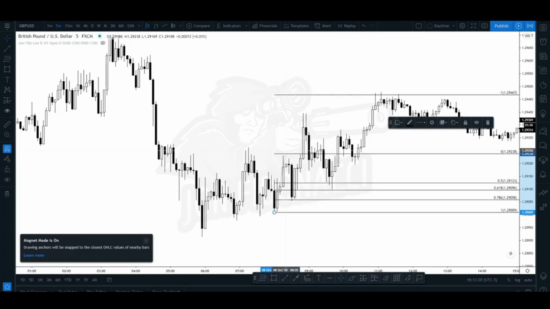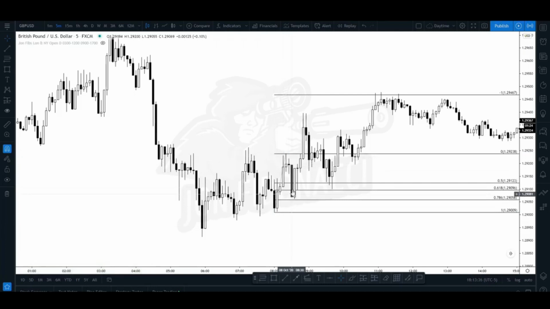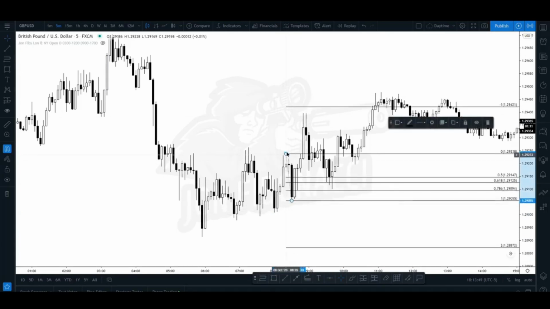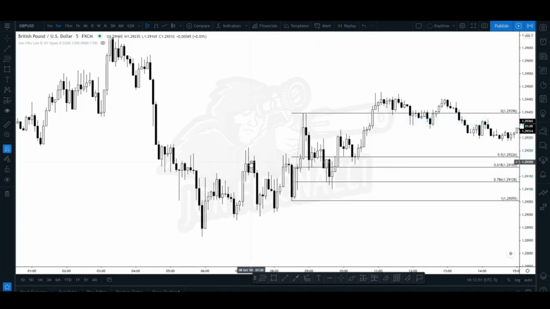this low to that high, right? Because this is the low that led to the high being broken here, and then a retracement down to that 618 or 786. That would have been ideal as well, and then market rallies again. With that low here, you could draw that fib from the low up to this high, because this high was broken with this high, right? Again, market comes down to the 618, even to the 786.